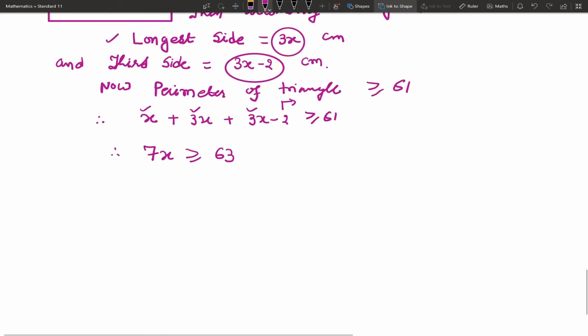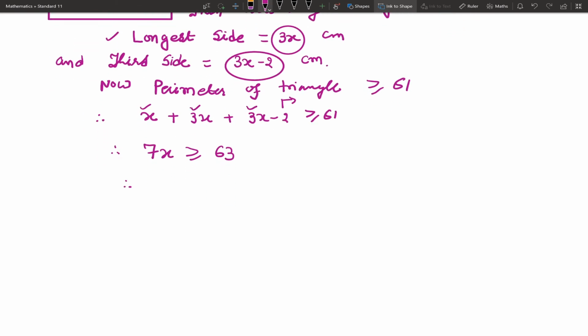Divide by 7, so x is greater than or equal to 63 by 7, that is, x is greater than or equal to 9, and therefore the minimum length of the shortest side equals 9 centimeters.